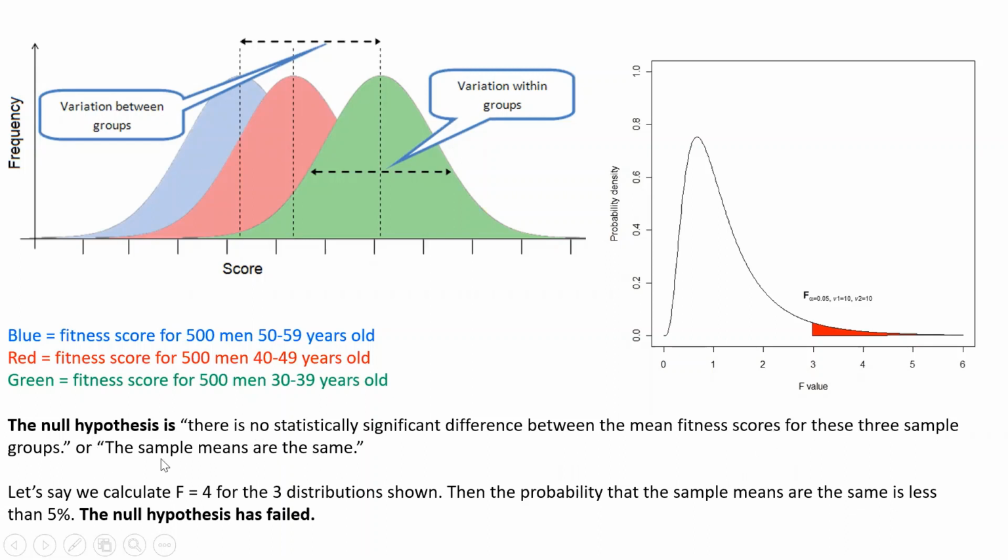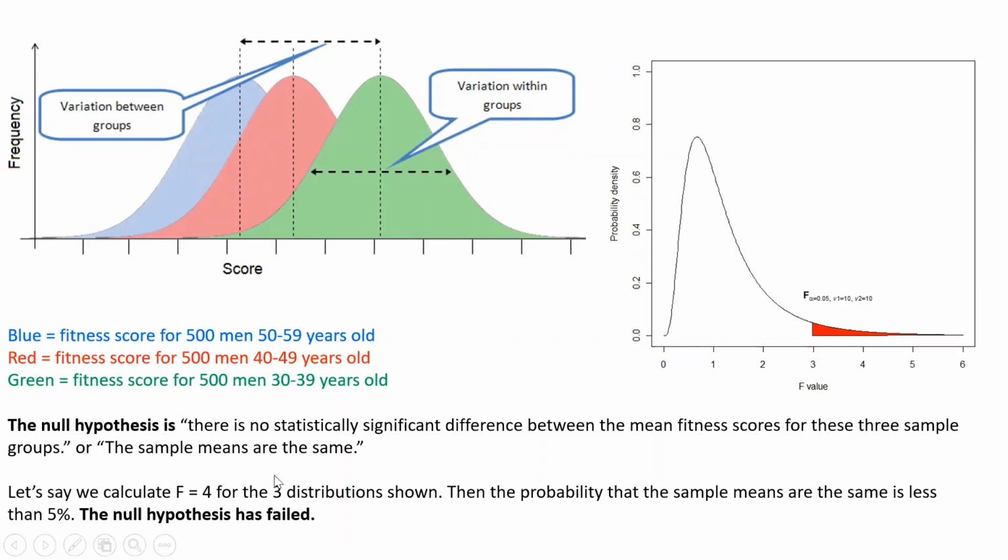Or that's us saying the sample means are the same, statistically speaking. We're saying that this is wide enough, and this is wide enough, and this is wide enough, that they basically all overlap with each other and the means are the same. So let's see if that null hypothesis is correct for our fitness score example.